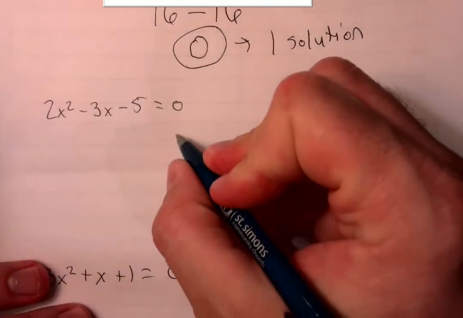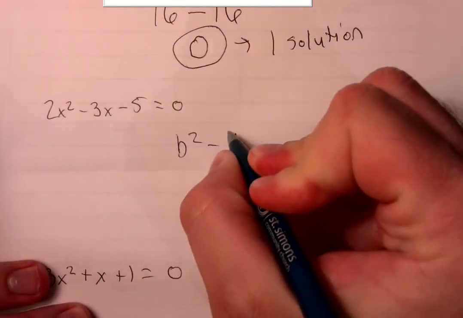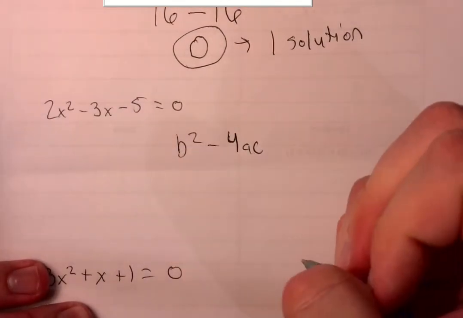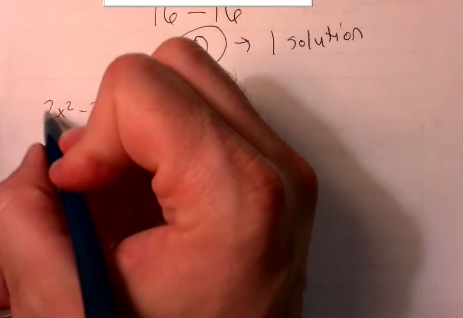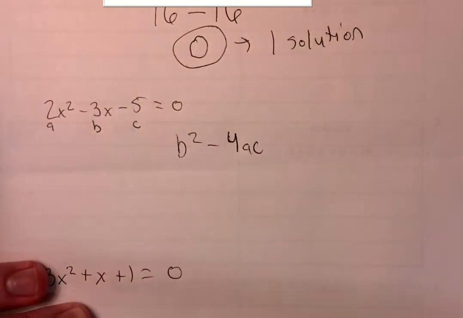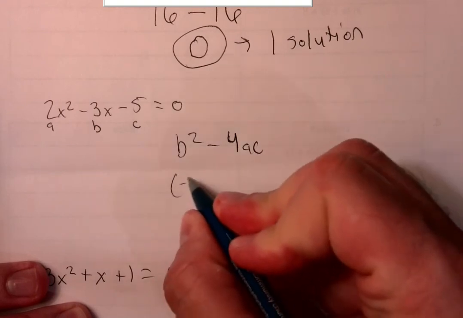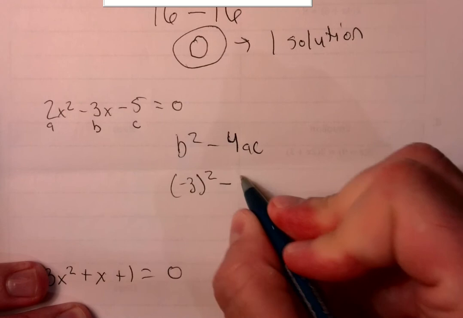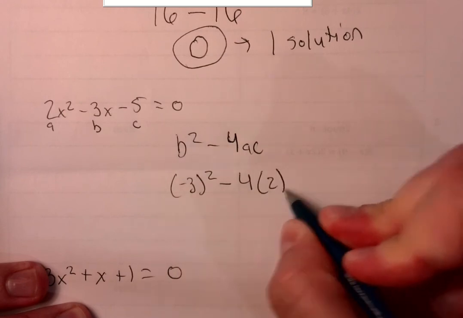So again, the discriminant is b squared minus 4ac. 2 is my a value, -3 is my b value, and -5 is my c value. So I'm just going to plug it in. So b squared minus 4ac.